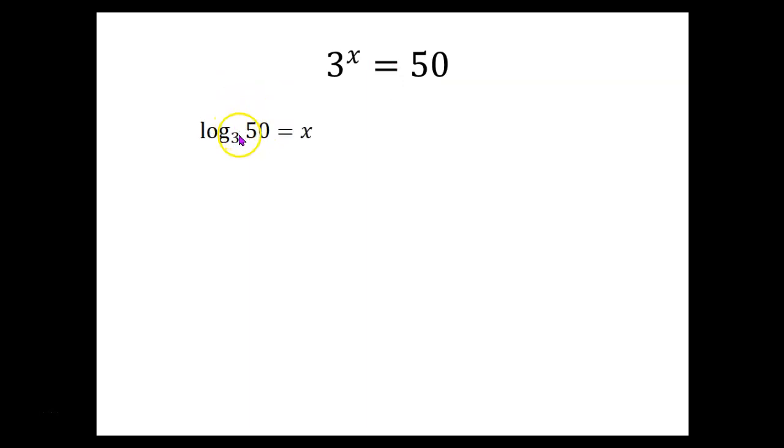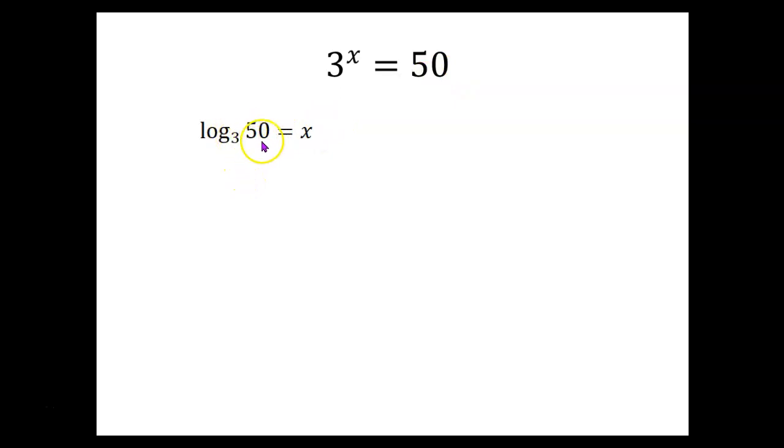It would be log base 3 of 50 equals x. Because that's what log base 3 of 50 means. It means the power you have to raise 3 to get 50. So the number we're looking for to satisfy this equation is the power you have to raise 3 to get 50. It's the logarithm base 3 of 50.